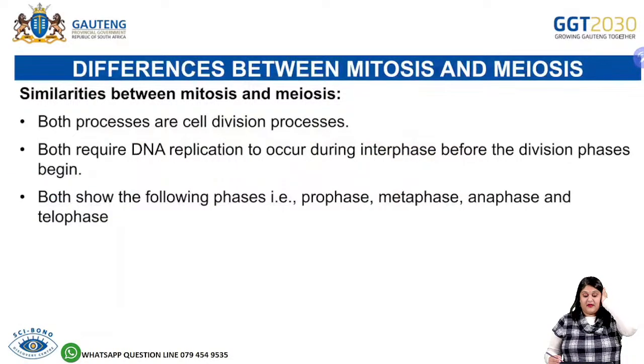Then the similarities between mitosis and meiosis. Both processes are cell division processes. Both require DNA replication to occur during interphase before the division phases begin, and both show the following phases: prophase, metaphase, anaphase, and telophase.